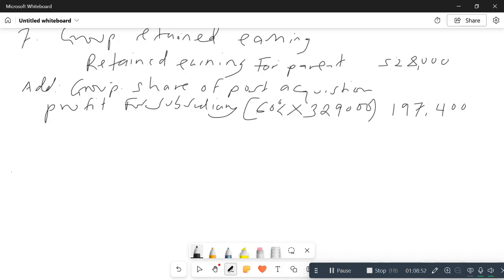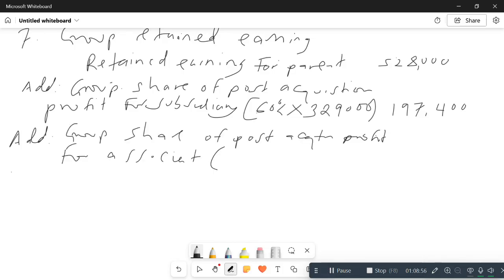Then you add the associate, where we are holding only 30%. But 30% of what? Of the post-acquisition profit, that is the one at reporting.